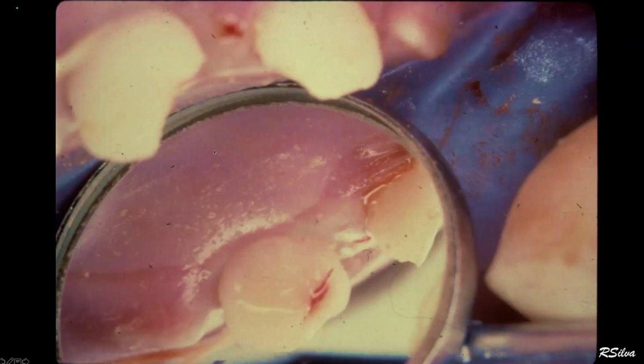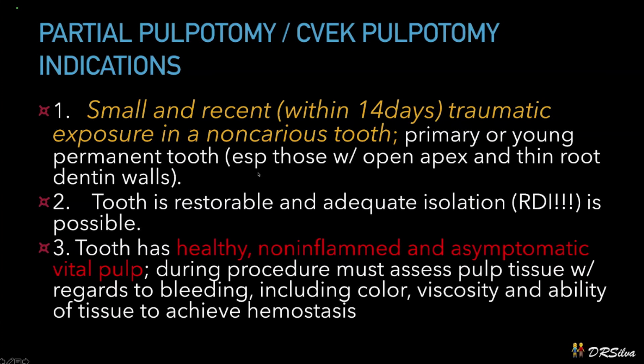This is the radiograph that we took the day of. See, open apex, undeveloped primary roots. The exposure. Now, the procedure that we elect for small pulp exposures in traumatic dental injuries is called CVEK pulpotomy or partial pulpotomy. When do we do those? For small and recent traumatic exposure in a non-caries tooth, extremely important.